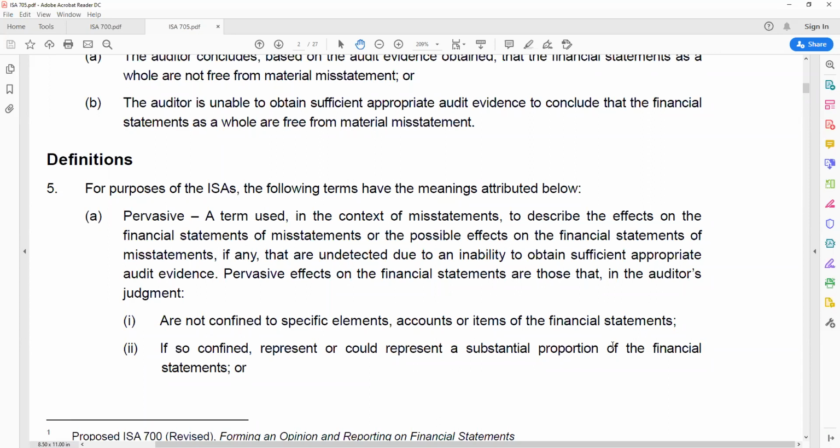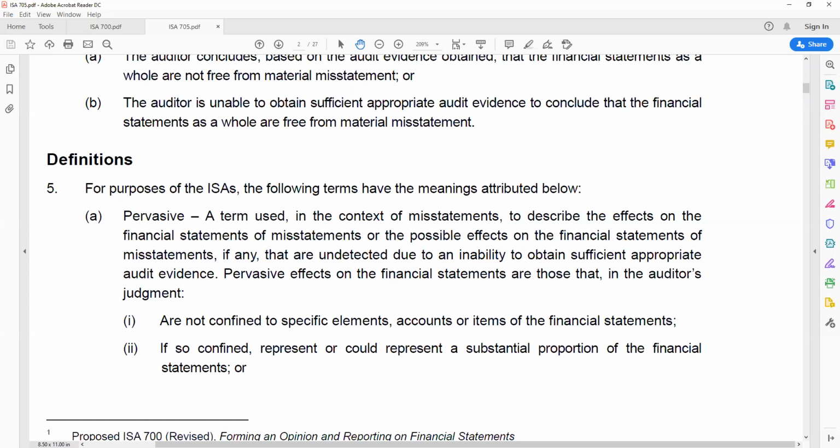Let's look at the ISA to see how it defines pervasiveness. Reading point number 5: a term used in the context of misstatements to describe the effects on the financial statements of misstatements, or the possible effects of misstatements that are undetected due to inability to obtain sufficient appropriate audit evidence.